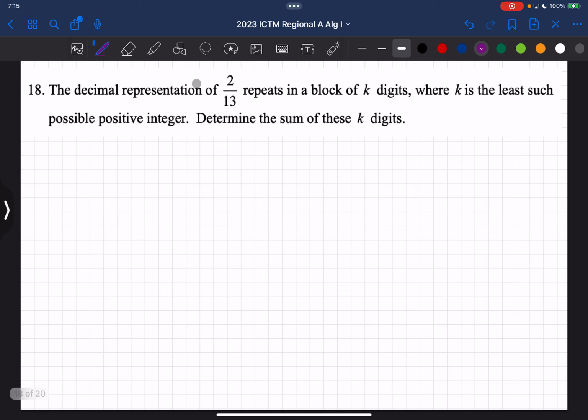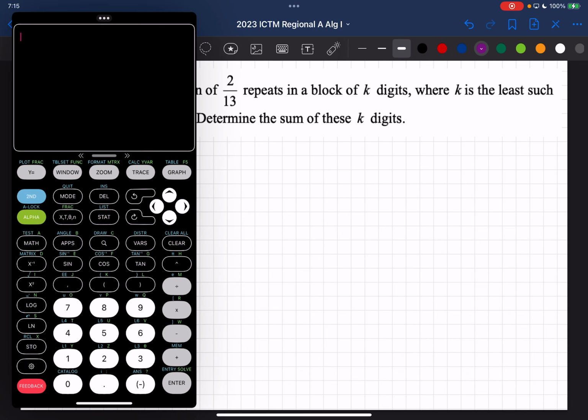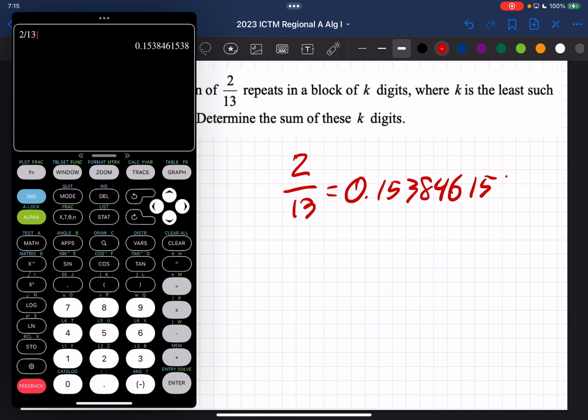Number 18, the decimal representation repeats in a block of k digits, where k is the least such possible positive integer. So determine the sum of these k digits. All right, so we take 2 over 13, we get 0.153846153.